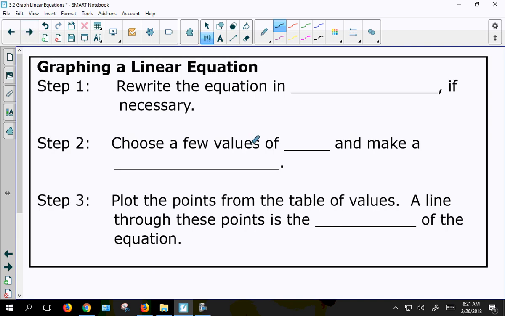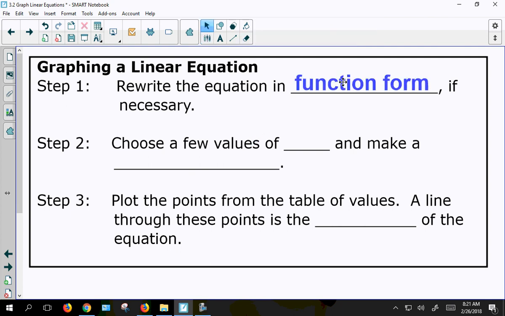Okay, graphing a linear equation. You want to rewrite the equation, and they're going to say function form. I say slope-intercept form. What is slope-intercept form? Slope-intercept form is y equals mx plus b.